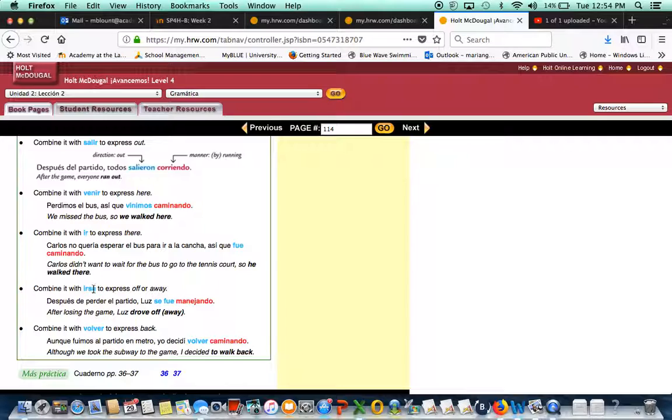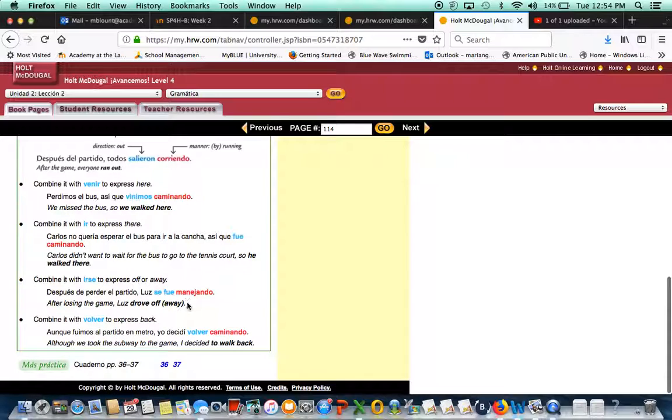Remember that the reflexive goes in the front, depending on who is doing the action, and the verb ir you must conjugate in past tense. And the second verb has to be in gerundio, which is ando or yendo. So it's expressing off or away. So it's pretty much, again, how you left the place, by what.